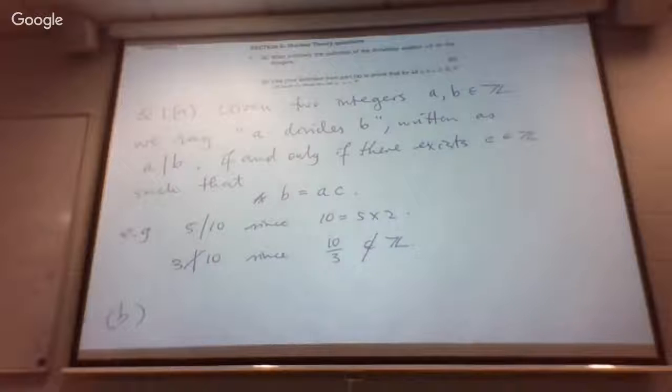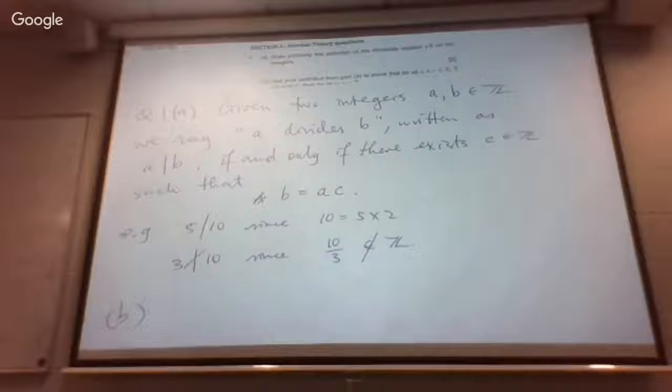Any questions about that? Yeah, question. If you didn't put B equals AC, did you just say that A is a multiple of B? So given two integers, A divides B, written as that, if and only if B is a multiple of A. Yeah, I mean, if it was written out clearly and precisely, yeah, the only thing is you're kind of just substituting the word multiple for divisible then.